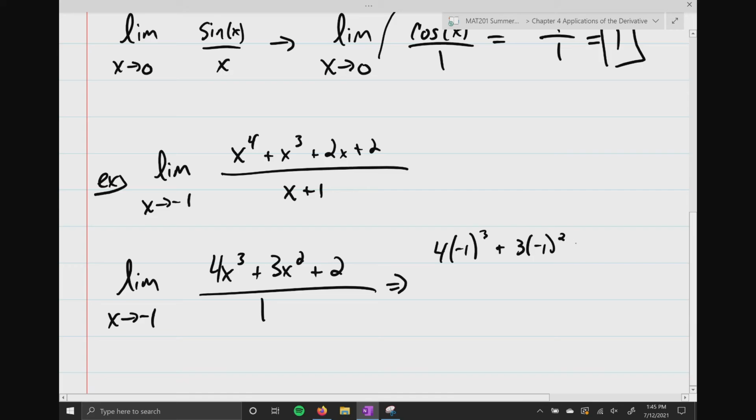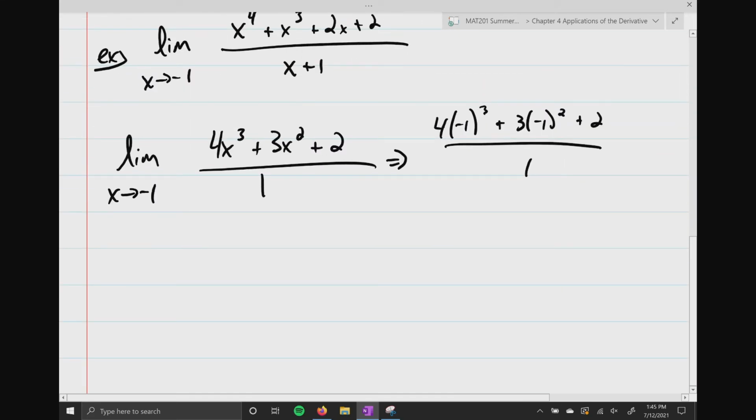Let me write it out. In the numerator, I'm going to get negative 4 plus 3 plus 2 all over 1. Negative 4 plus 3 is negative 1. Negative 1 plus 2 is going to be 1. And 1 over 1 equals 1.